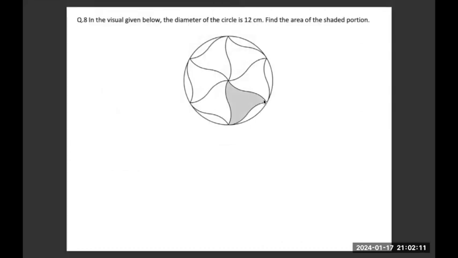In the visual provided, you have to find the area of the shaded part, given the circle's diameter is 12 centimeters. Now I'm just going to draw one. Sorry, let me draw this first.